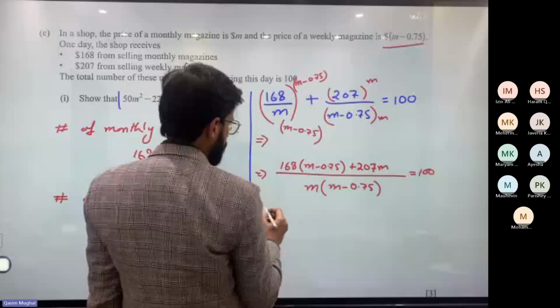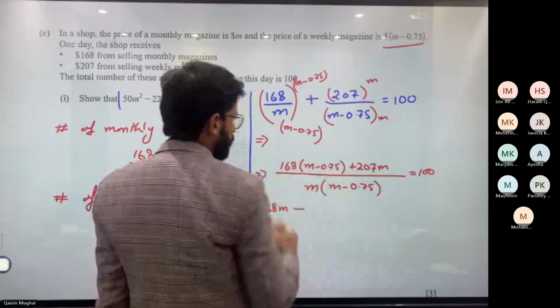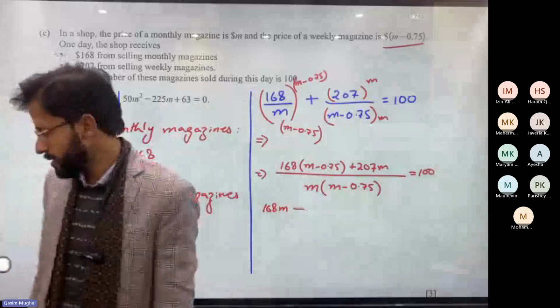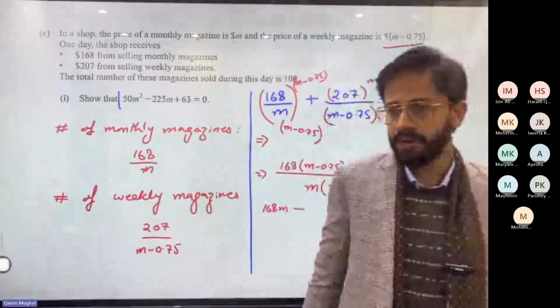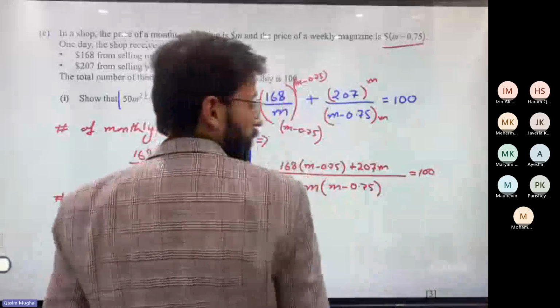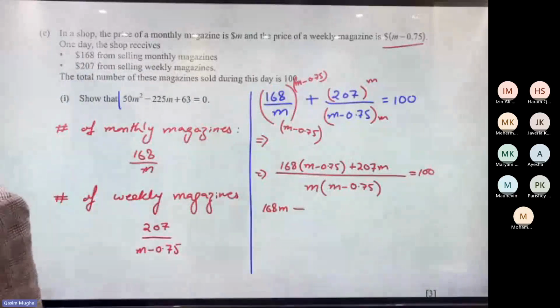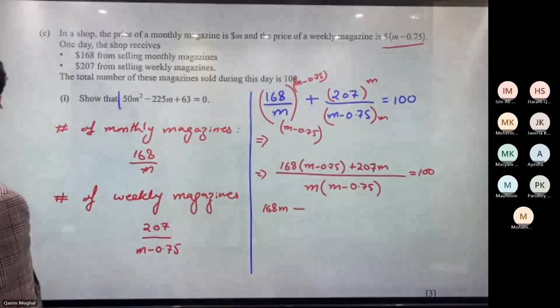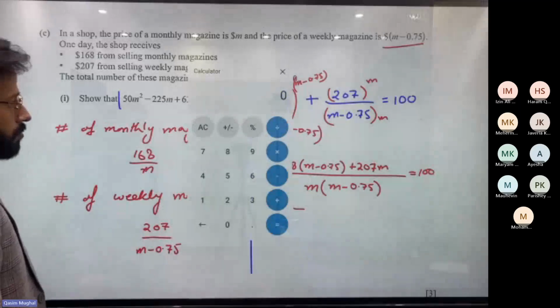Now that will give you 168m minus 0.75 times 168. Calculator paper है, you can do the calculation. है calculator? Calculator का tool है इसमें. Okay. Calculate. Oh, nice.